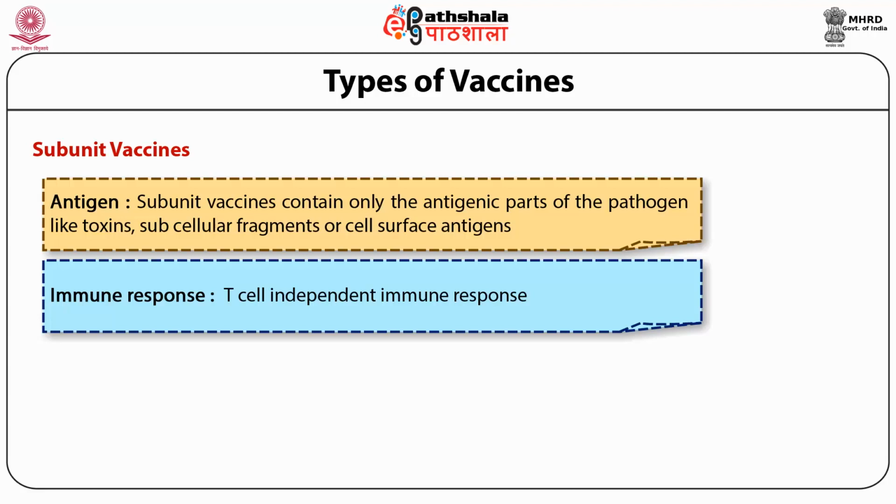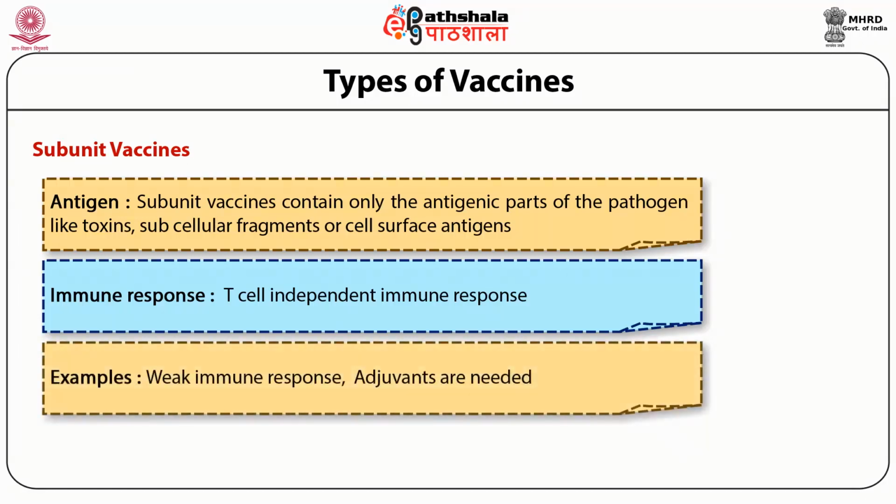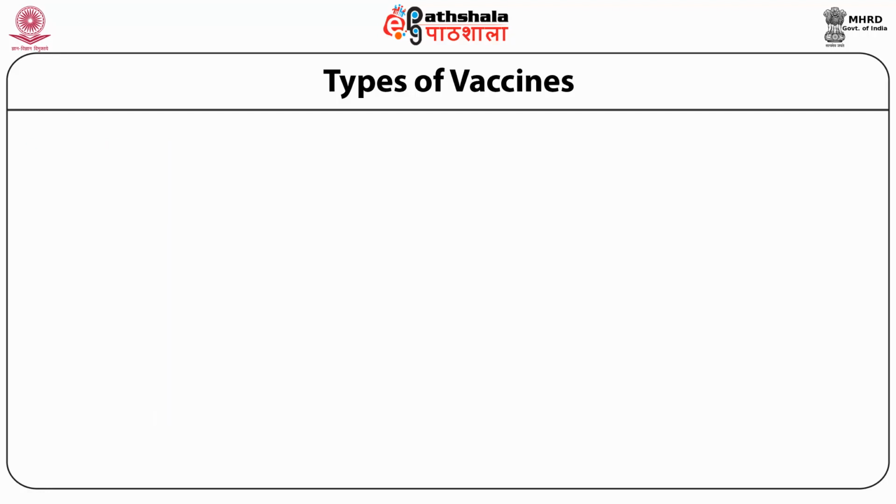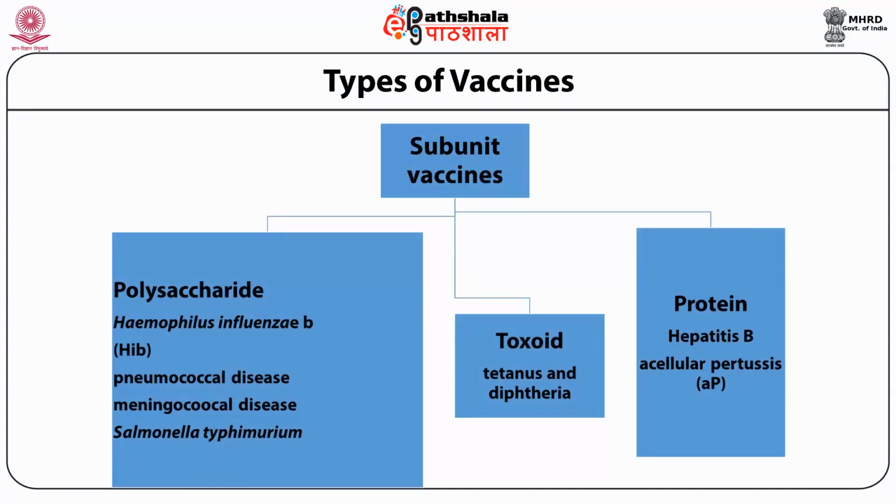So B cell mediated immune response is there, which is a weak immune response. So you need adjuvants to be added in these vaccines. Subunit vaccines are of three types: polysaccharide, toxoid and protein. These names have been given based on the part which has been used as antigen.